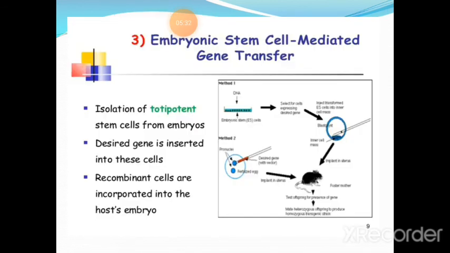So this is another slide which gives you the gist of embryonic stem cell mediated gene transfer. What is done? Totipotent stem cells are isolated from embryos or blastocysts, and into these cells you insert the desired gene, and the recombinant cells are incorporated into the host embryo, and that's how the defect is corrected.